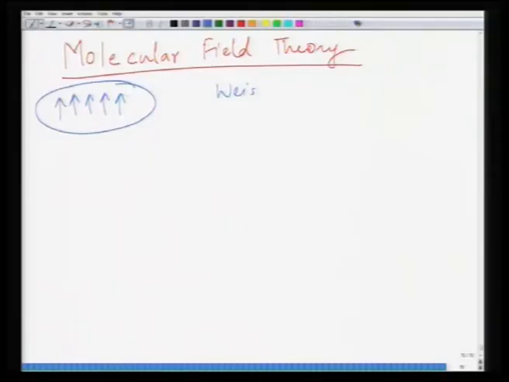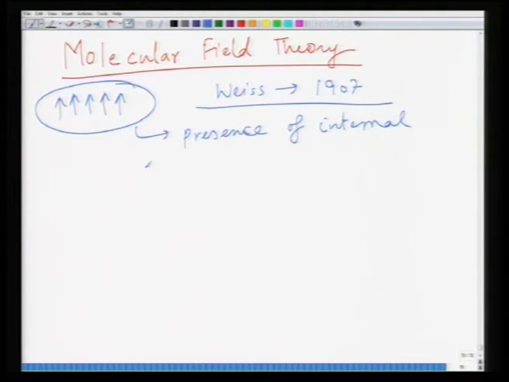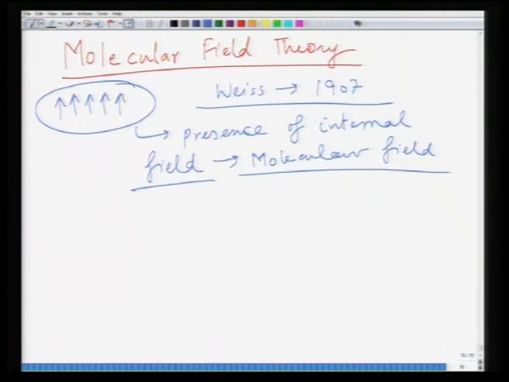Weiss postulated that this alignment of magnetic moments in this uniform region is because of a neighborhood effect, or because of the presence of some internal field. And this field was also called, at that time, the molecular field. Just as we saw in dielectric materials, just before the Clausius-Mossotti relationship, you had an internal field.